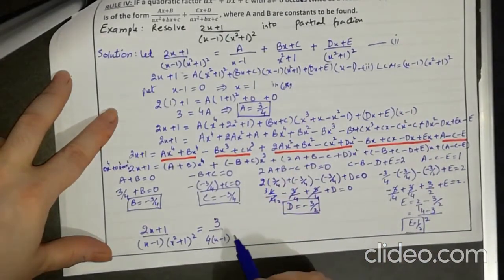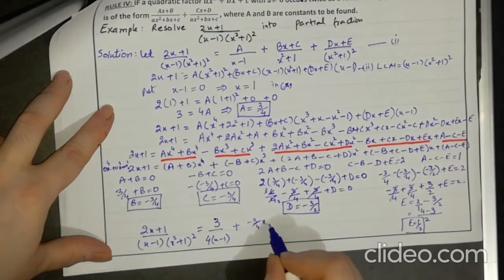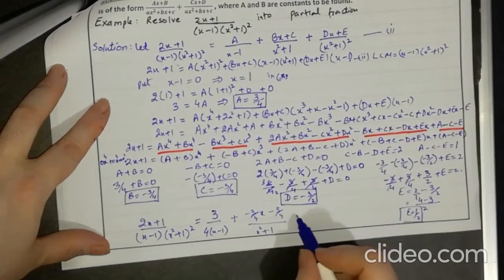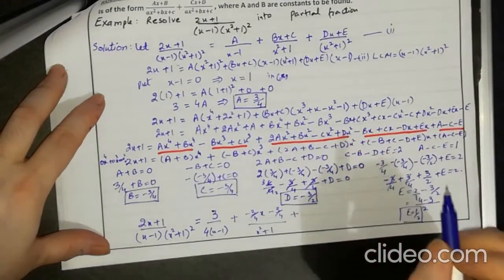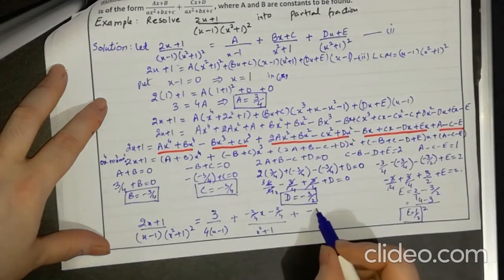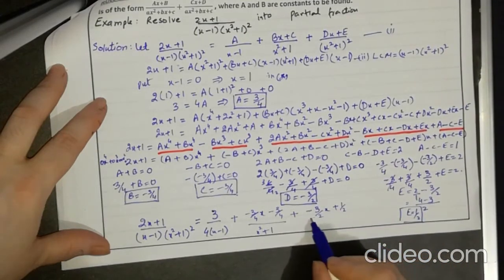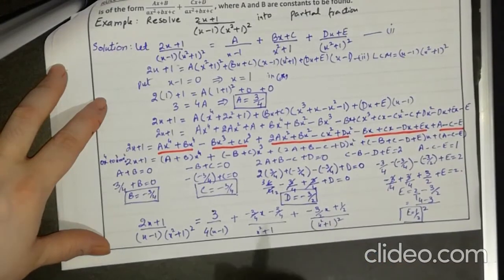What is the value of bx plus c? b is minus 3 by 4 x, and c is minus 3 by 4, over x square plus 1, plus dx plus e. d is minus 3 by 2 x, plus 1 by 2, over (x square plus 1) whole square.